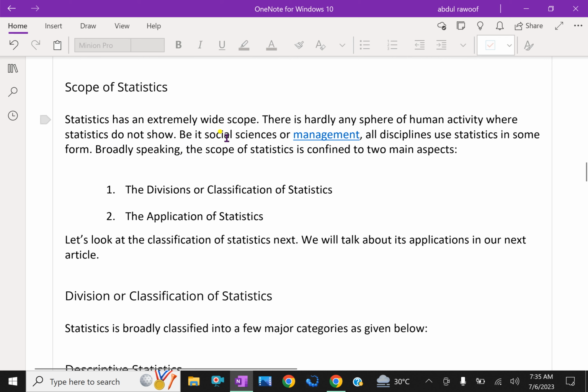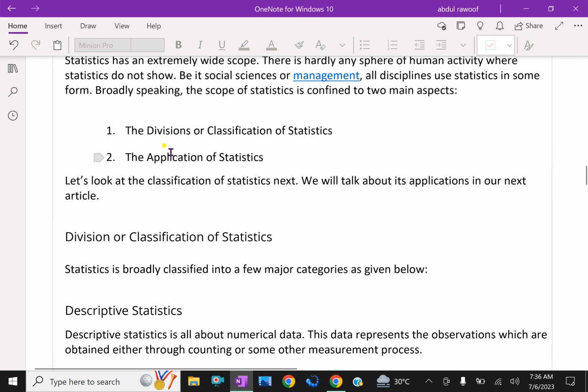Now we'll discuss further the scope of statistics. Statistics has an extremely wide scope. There is hardly any sphere of human activity where statistics does not show up. Social science and management, in all disciplines, use statistics in some form. Broadly speaking, the scope of statistics is confined to two main aspects.